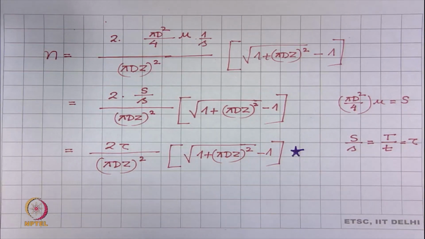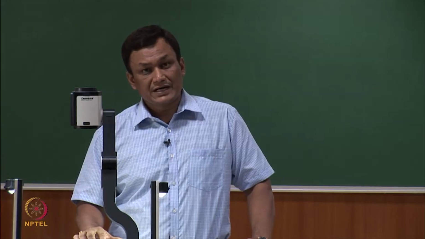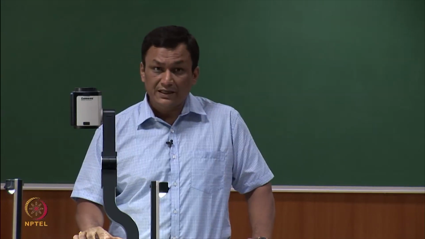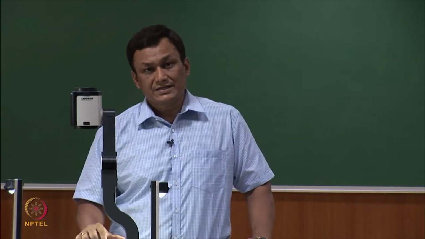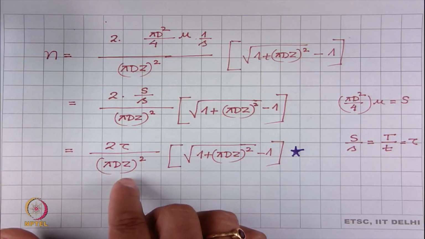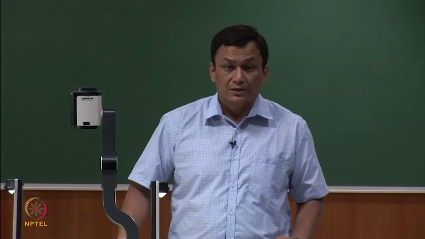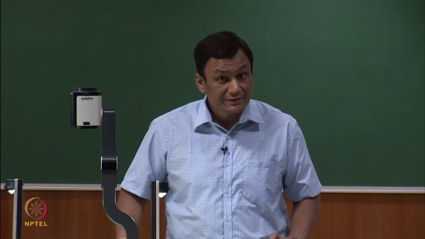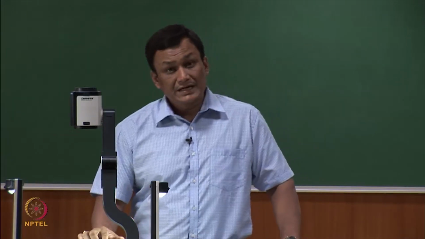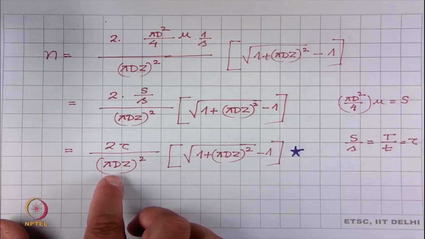So, we have now got a relation for n. Tau, relative fineness capital T by small t, is very easy to determine practically. Pi dz is also possible to determine because z is already known to you, or using module 3 we will be able to determine z, and capital D is root over 4 tex by pi mu rho.